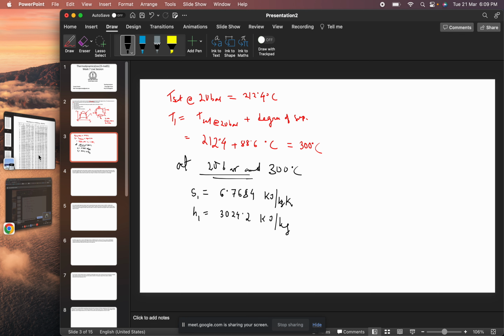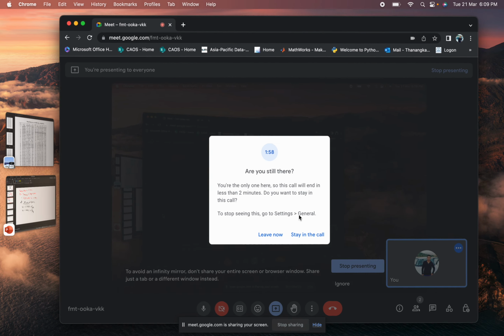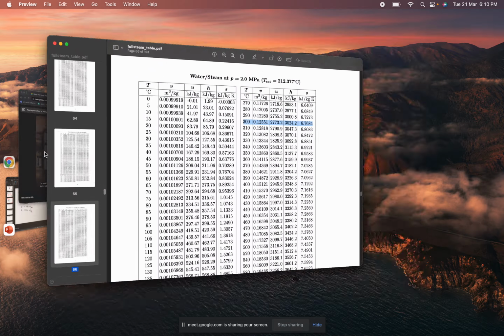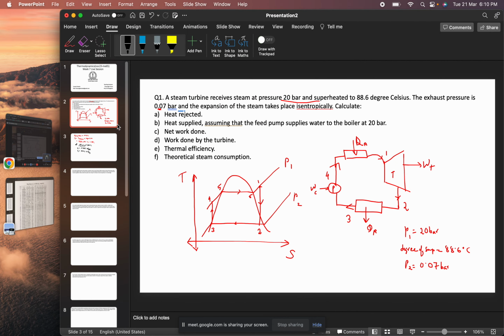Now what we know from this graph is that from 1 to 2 it is an isentropic process. So whatever is at point 1 will be the same at point 2. That means entropy at point 1 will be entropy at point 2. Why?